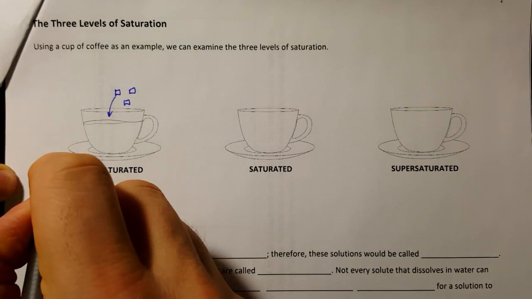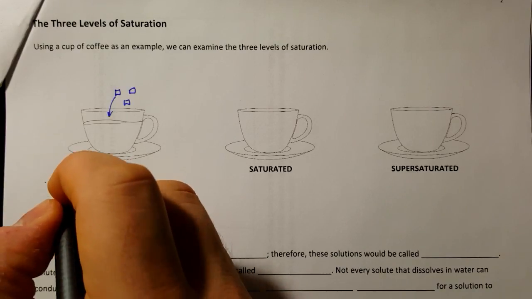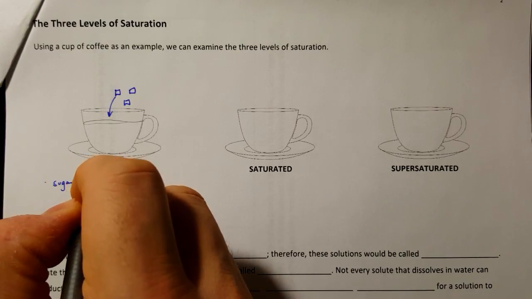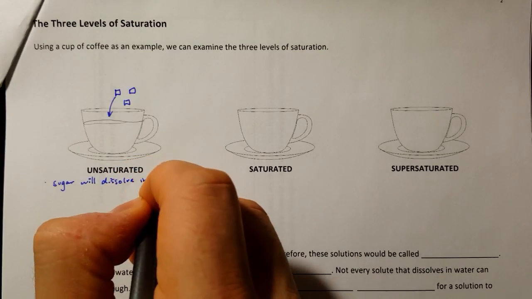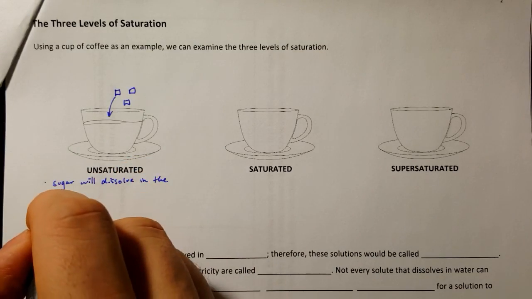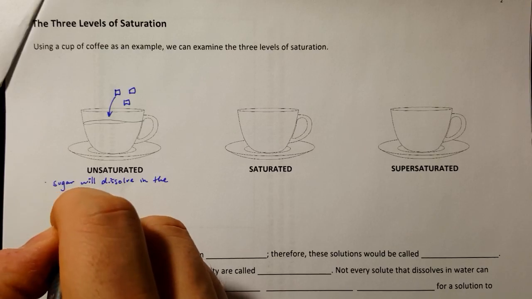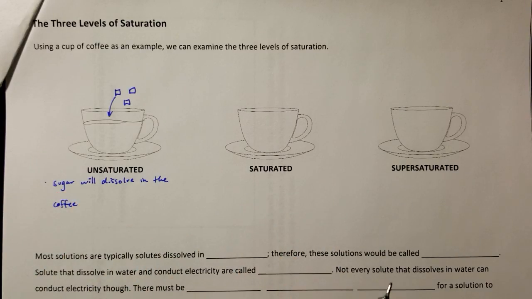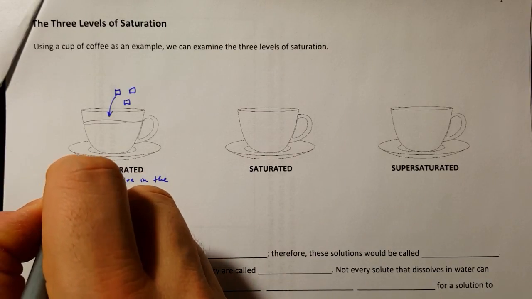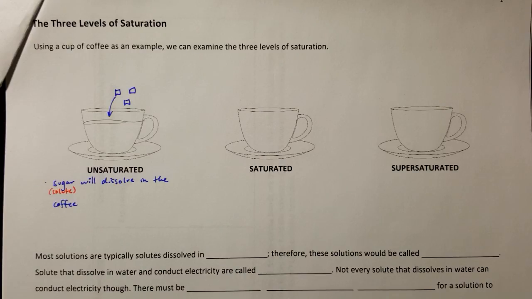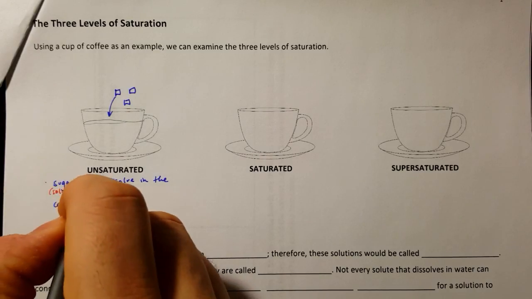Well, you'll find that the sugar will dissolve in the coffee. And a coffee is essentially hot water, right? So sugar is my solute, will dissolve in my solvent.